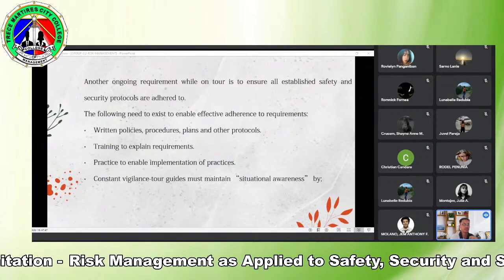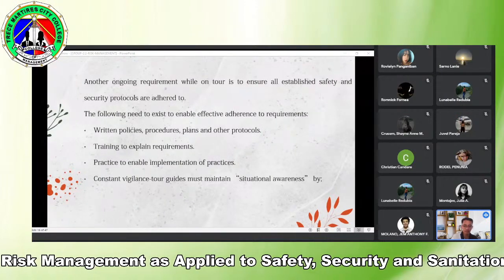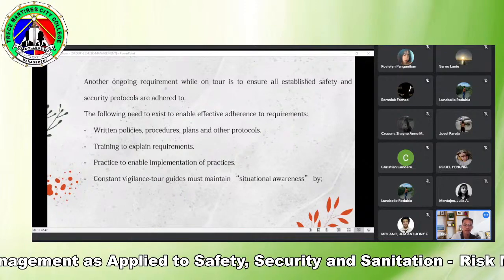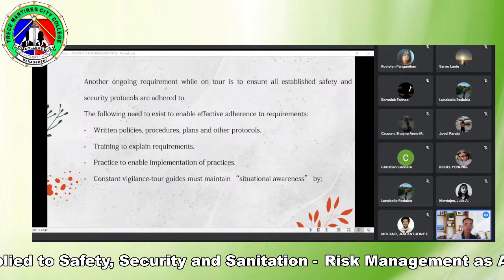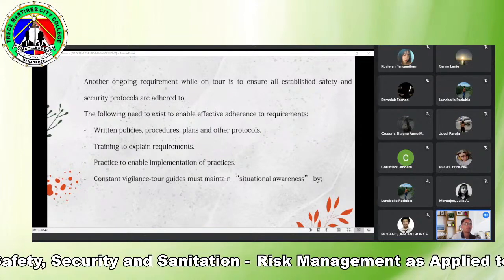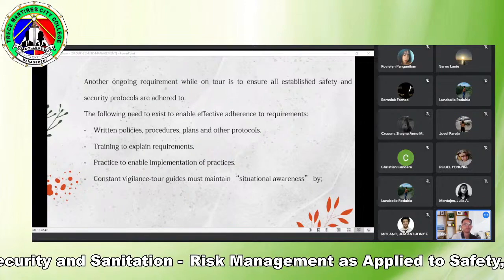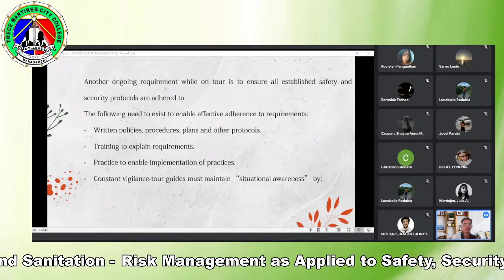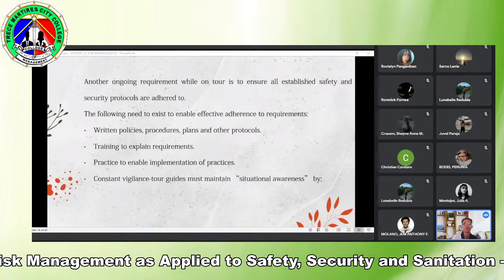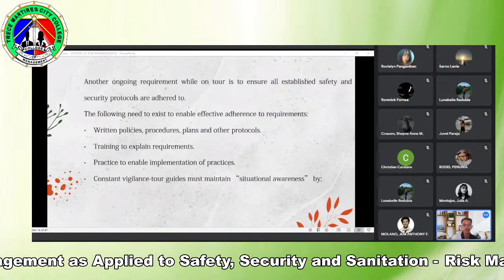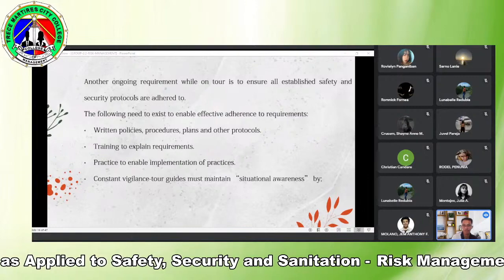Yung mga policies natin, sometimes magkakatulad, but most of the time, since different companies have their own culture, vision, and mission, magkakaiba sila. So, from mission and vision pa lang, kung magkaiba na sila ng mission and vision, okay, pagdating sa policies, mag-iiba din yan.